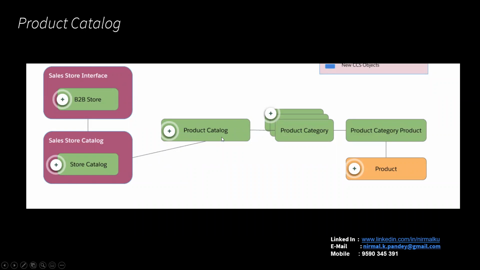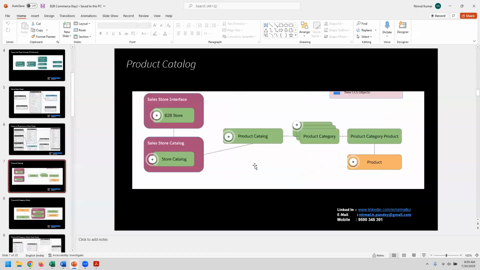So this is basically the product catalog, and in the product catalog you will have categories. Category is associated with product category product. It's the product object. The grouping of products makes a product category, and the product categories you group and assign to the catalog. Yeah, it is part of the catalog only. Yes, that's how it is.